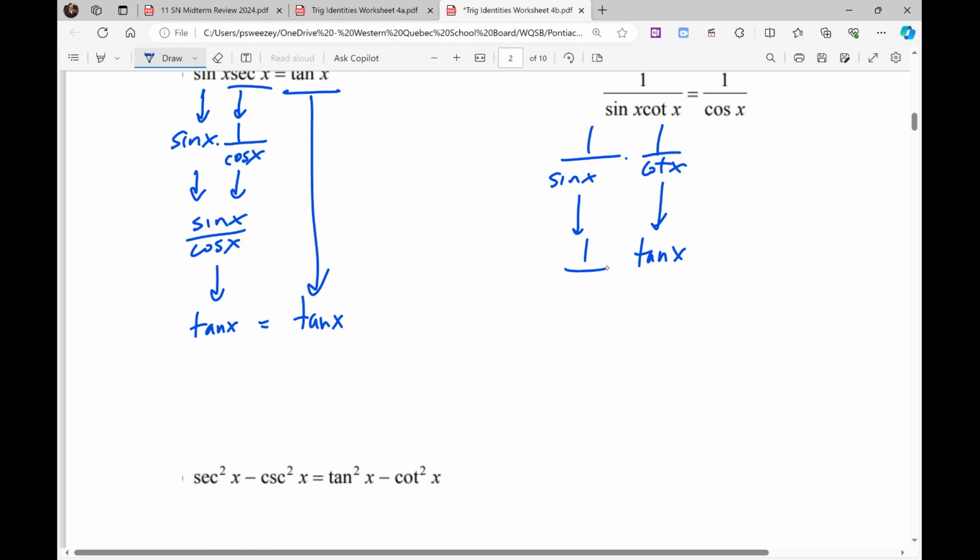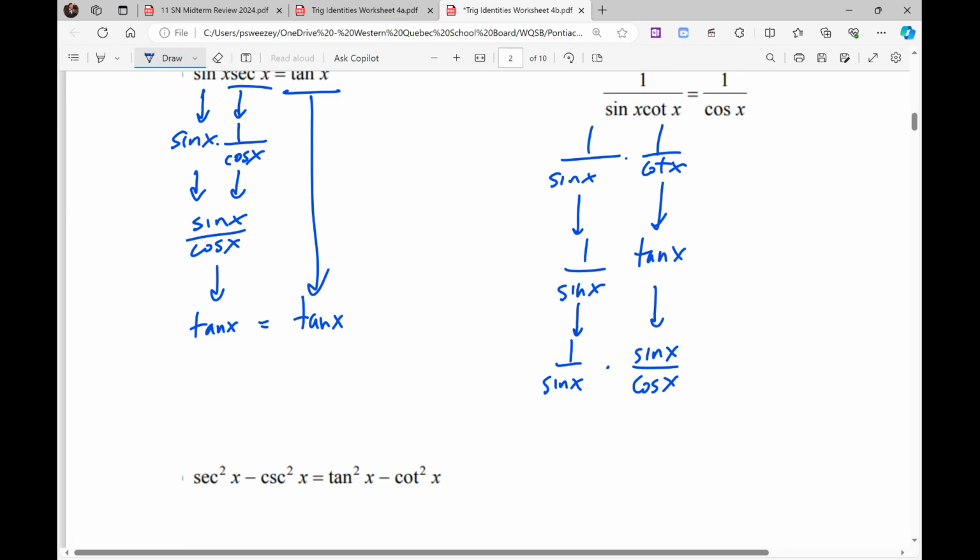This guy we're going to leave the same, 1 over sine x. Now again, my objective is always, what can I do to this guy here to maybe make it sine, cosine, whatever? Well, there is that quotient identity. So 1 over sine x times sine x over cosine x.